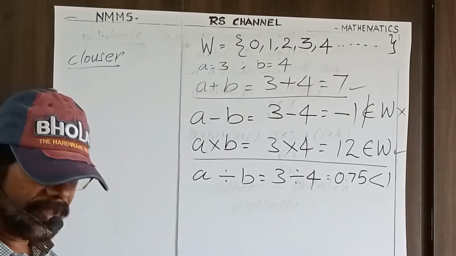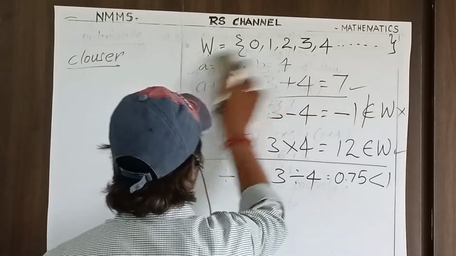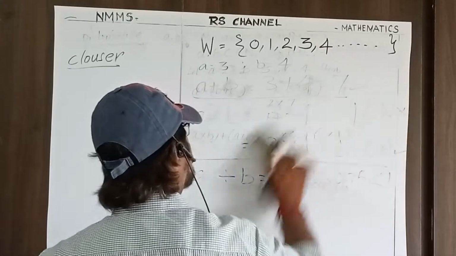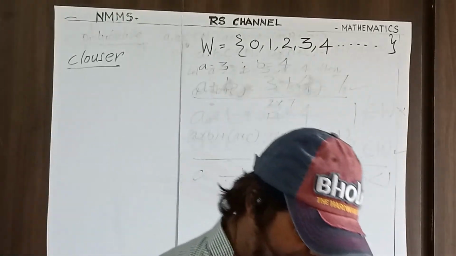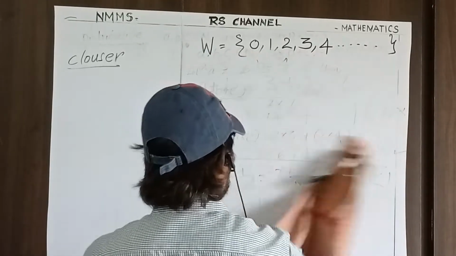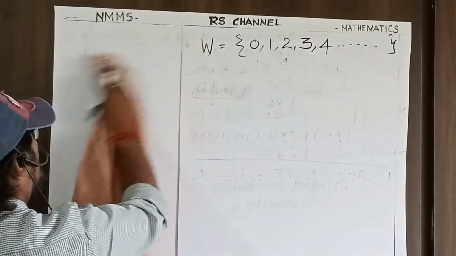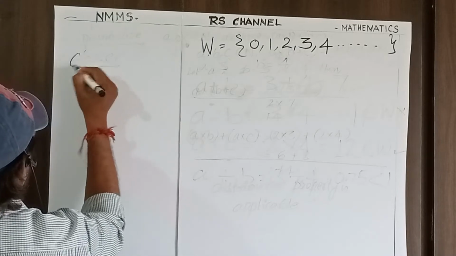Okay? Now go for another property. What is that? Yes, commutative property. Next one is commutative.